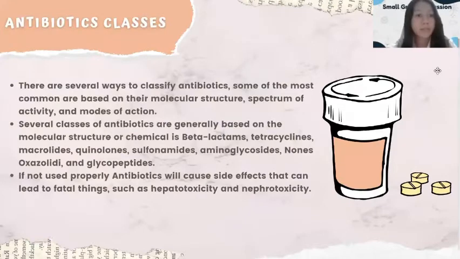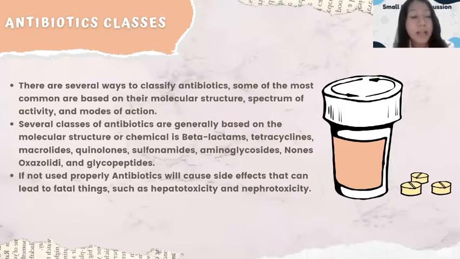Hello, my name is Evangelina Vincent Utamila Serda with student ID number 200251170. So in this moment, I am going to continue the presentation about antibiotic classes. There are several ways to classify antibiotics. Some of the most common are based on their molecular structure, spectrum of activity, and modes of action. Several classes of antibiotics are generally based on the molecular structure or chemical.